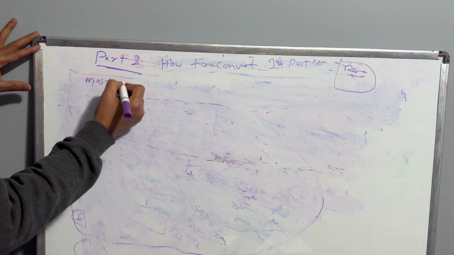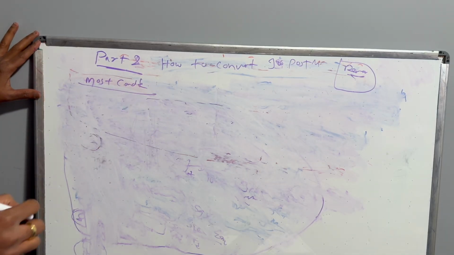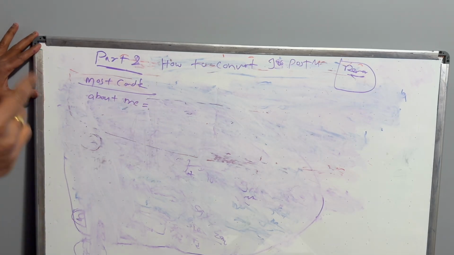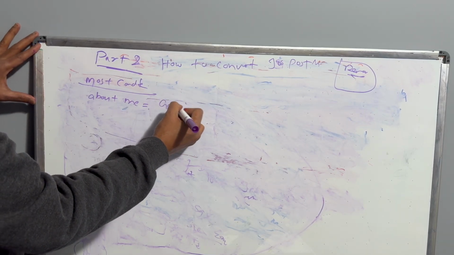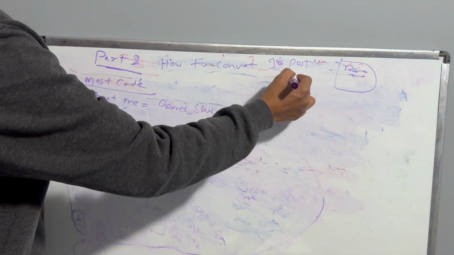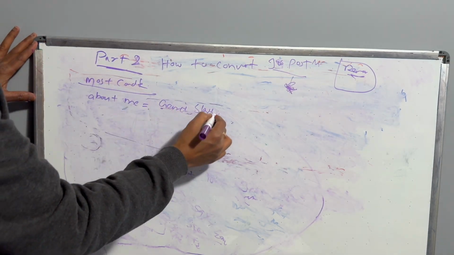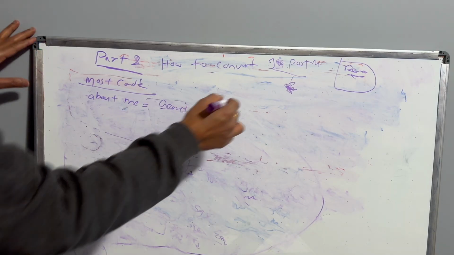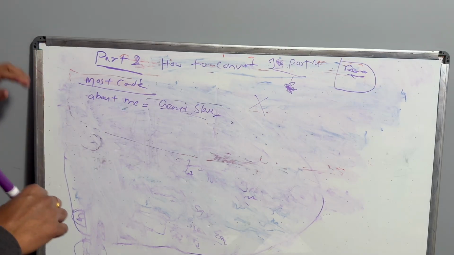Most candidates write about me. About me, I'm not talking about me, about you. Randomly they write generic skills. You already saw the job posting saying specific requirements, specific skills, right? But you write generic skills. Will this work? No, right? No alignment with the job role. It doesn't match whatever the job is asking. So what should you do?